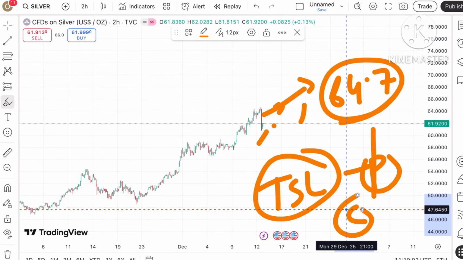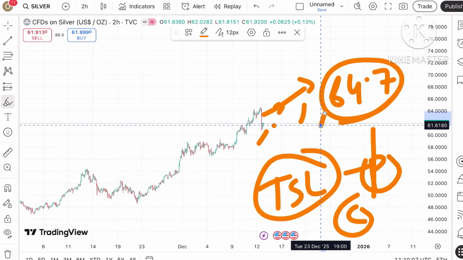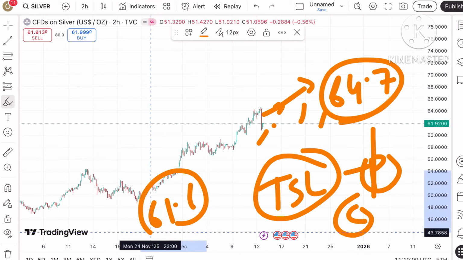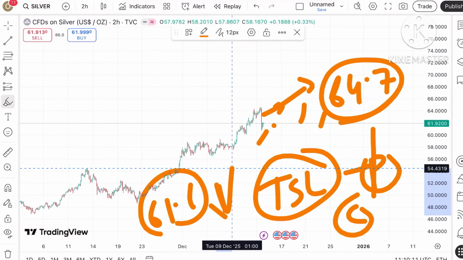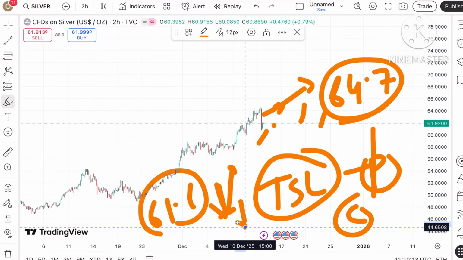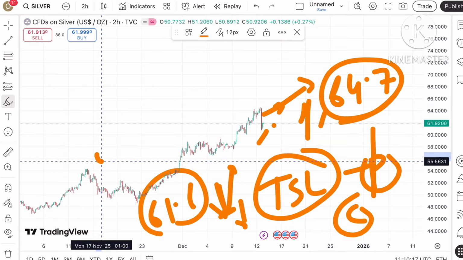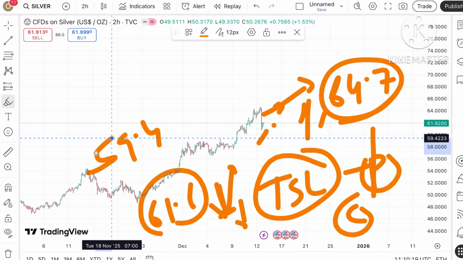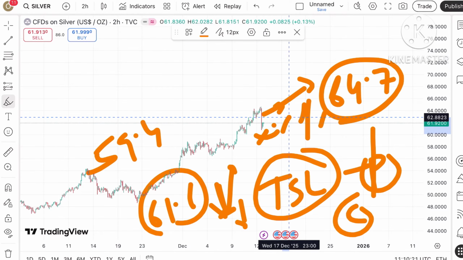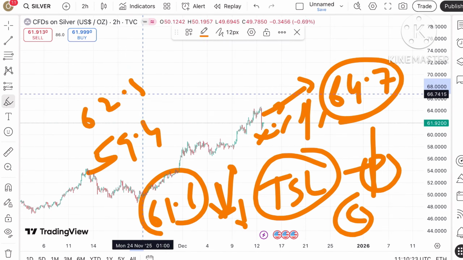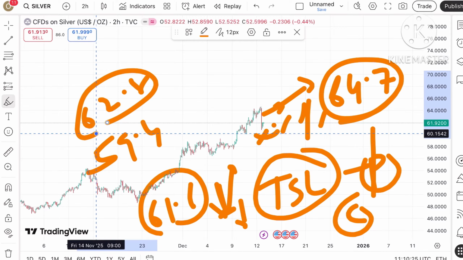An important level on the 2 hours chart: if the price starts going below 61.6, a bounce back can be seen, but if the price doesn't bounce back, a further downfall can be seen towards a level of around $59.4. But if it keeps going above that level, it can move towards $62.8, and then further upside can be seen.